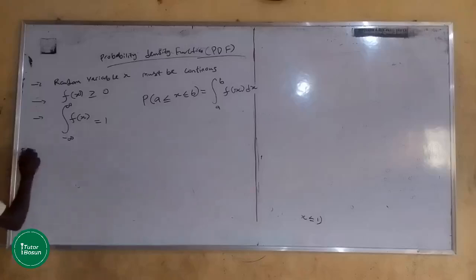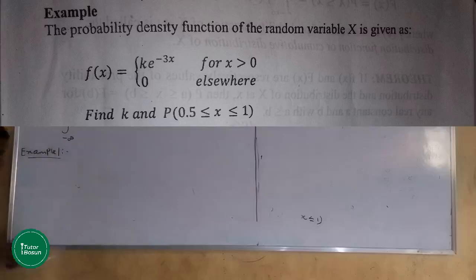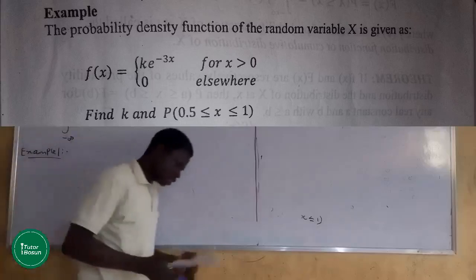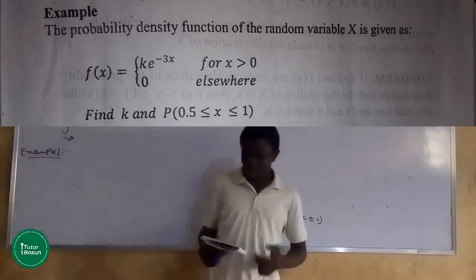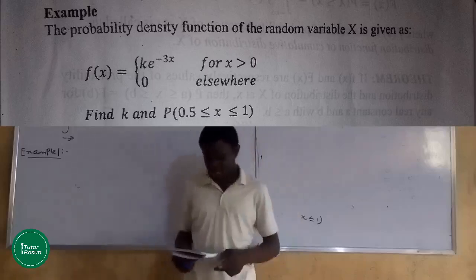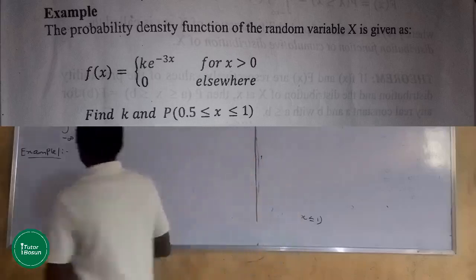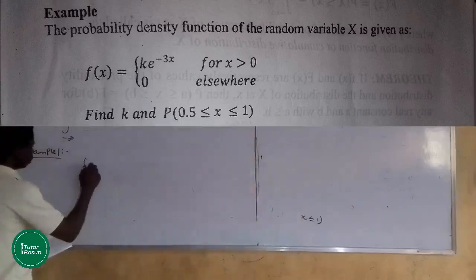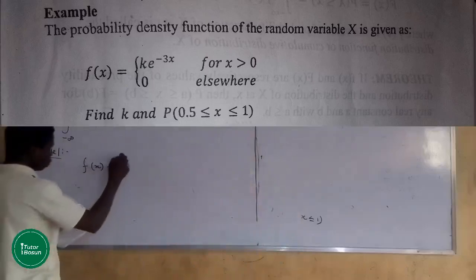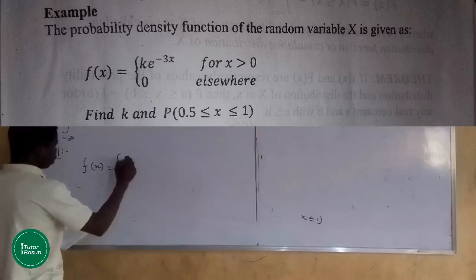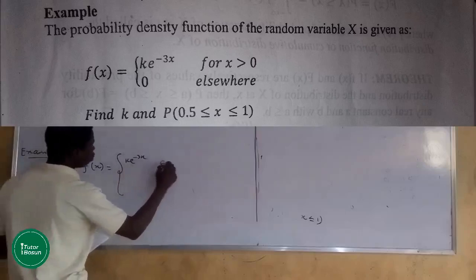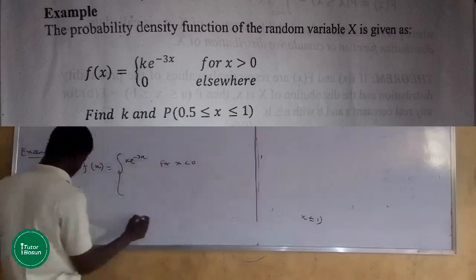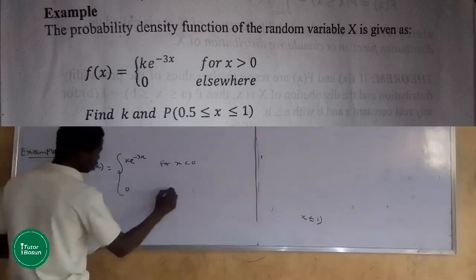Example 1. This example says the probability density function of the random variable x is given as f of x equals k exponential minus 3x for x greater than 0, and 0 elsewhere.